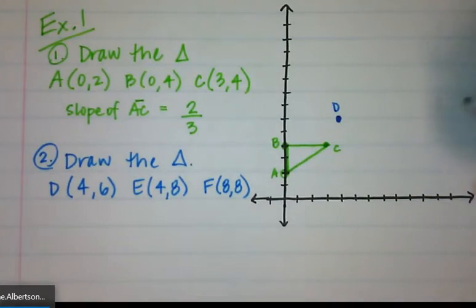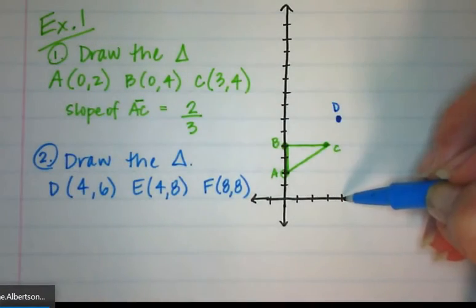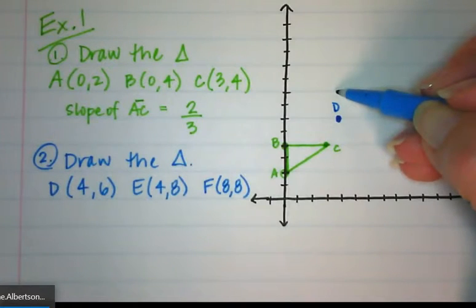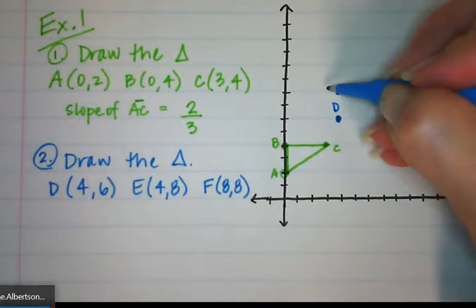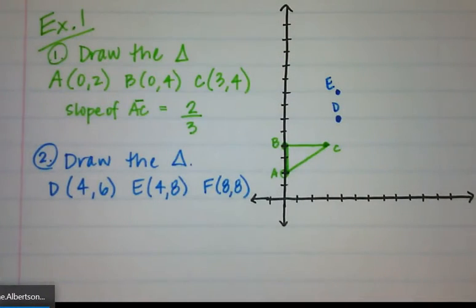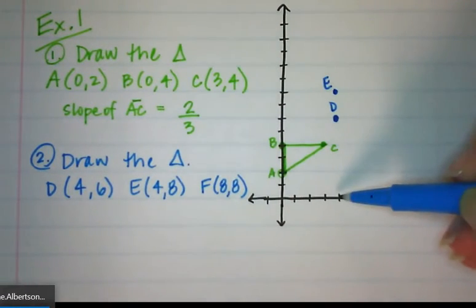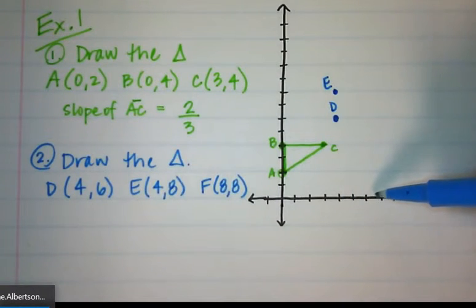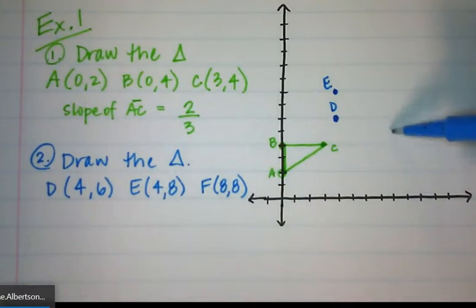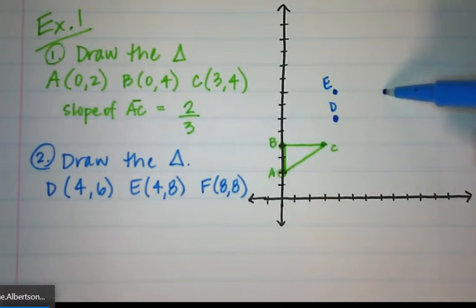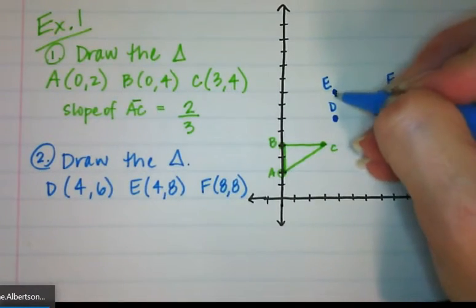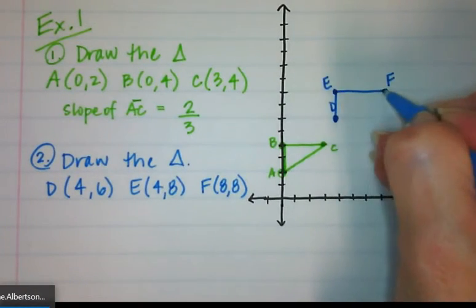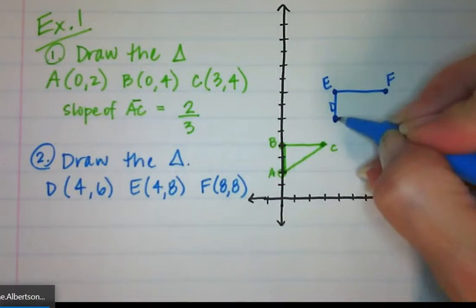So that's D. And then over 4 and up 8, I think I'm counting correctly, is right here. So that's E. And then over 8, so 5, 6, 7, 8, and then up 8 should be right about there. So there's point F. So here is the next triangle.